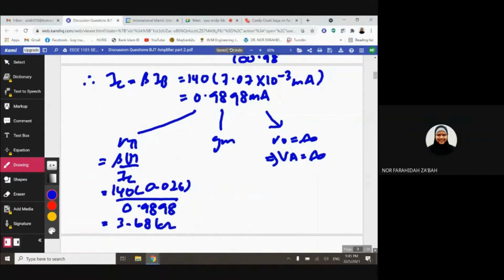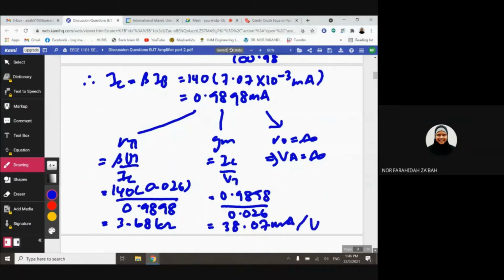And GM, the transconductance, is equivalent to IC over VT, 0.9898 over 0.026, and you will get 38.07 milliampere per volt. So those are the AC parameters.